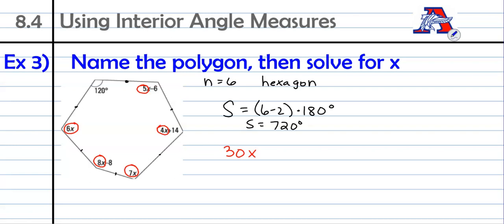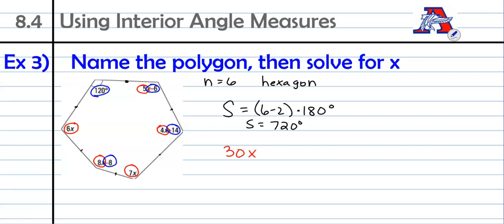Then I'm going to go through and count all the constants. So we have 120 minus 6 would be 114, plus 14 would be 128. And then we're going to take away 8, and we're going to end up right back at 120.